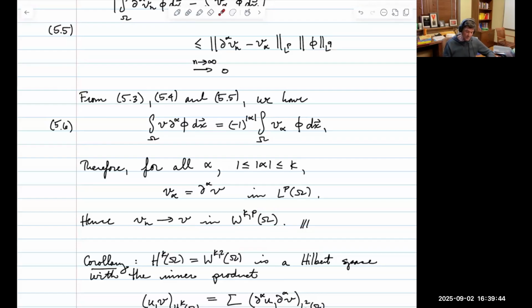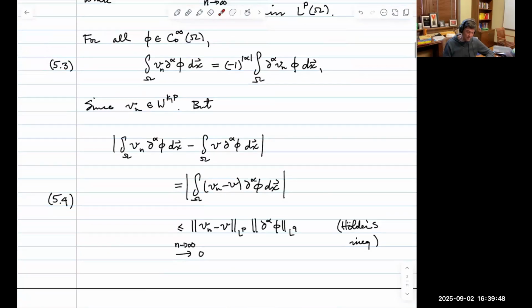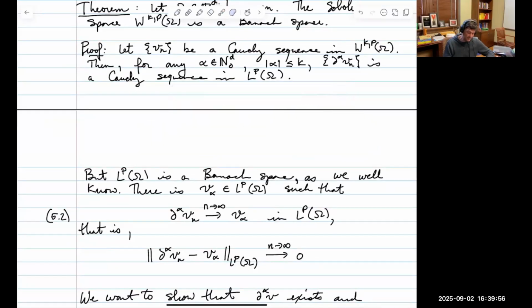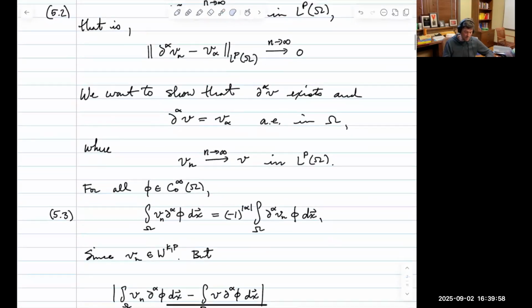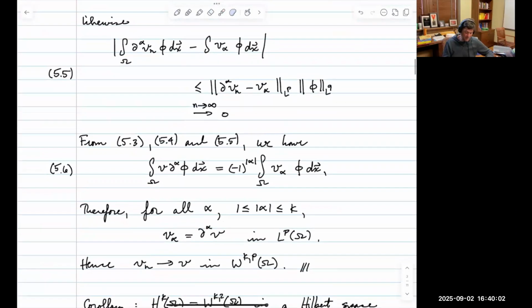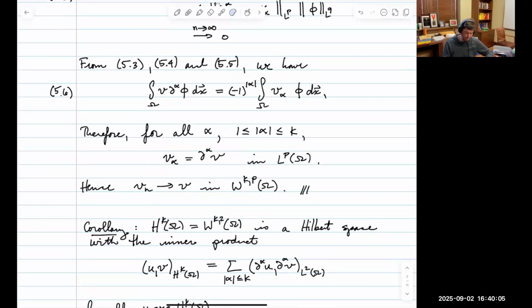So this shows, using the fact that L^p spaces are Banach spaces, that the W^{k,p} spaces also have to be Banach spaces. And the proof doesn't use much more than something like Holder's inequality and the definition of the weak derivative.